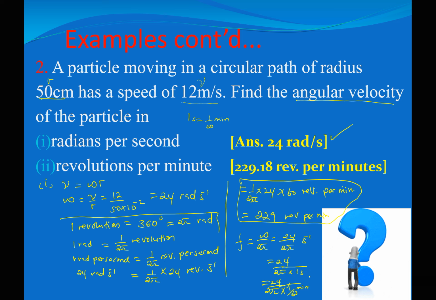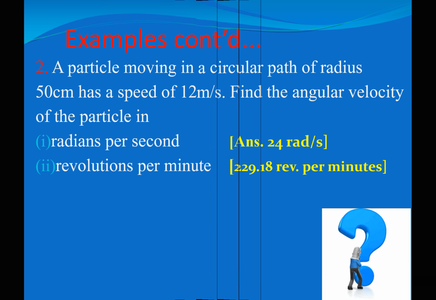So the 60 goes up and takes you back to what we have just done. So it is almost the same thing, finding the frequency, but this time not in hertz but in per minute, because revolutions per unit time is the number of cycles per unit time, that is frequency.